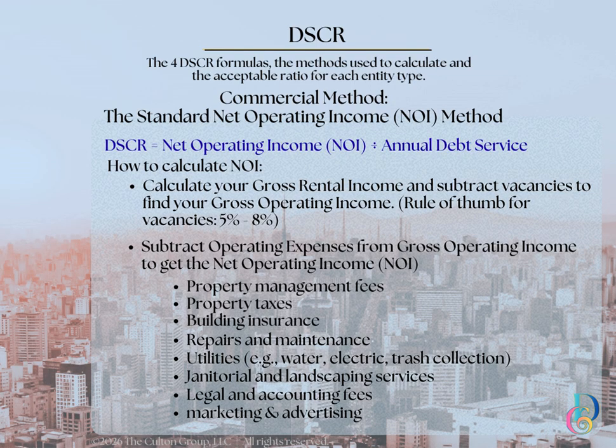Now, your operating expenses, you see a list there? Those are the operating expenses. That's property management, property taxes, building insurance, repair and maintenance, utilities, janitorial, landscaping, legal and accounting fees, marketing, and advertising.